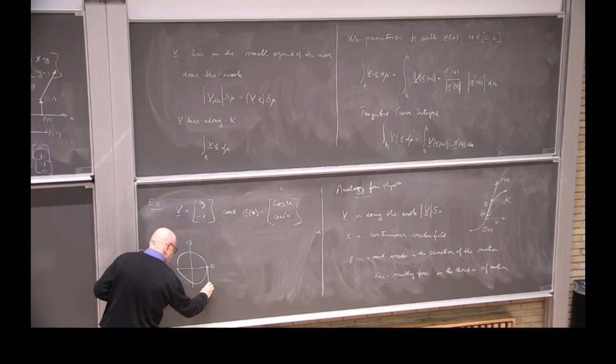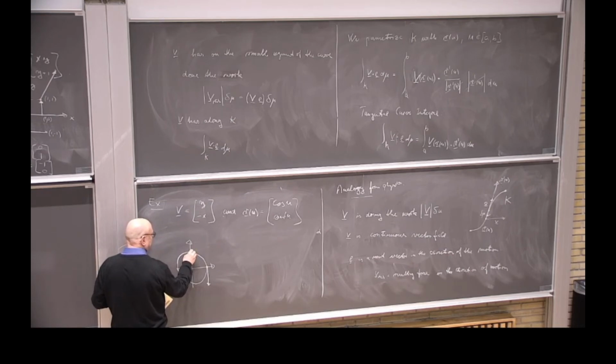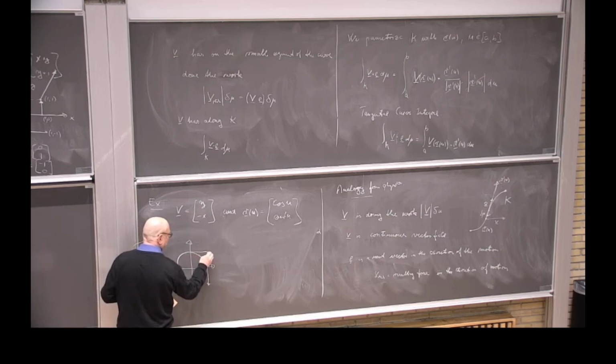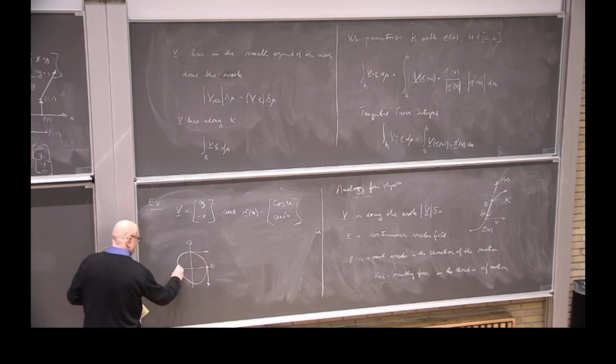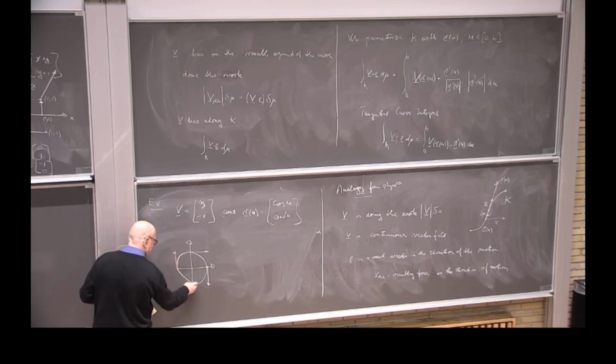So this is the value of the vector field at that point. At this point here, you have x is 0 and y is 1, so you have this vector here, and so forth. Here you have x equal to minus 1, so that will be this vector here, and then like this.